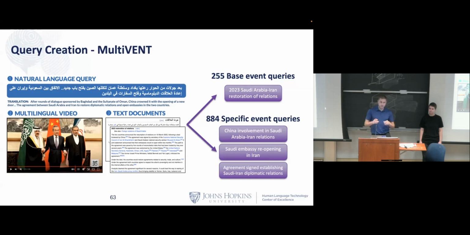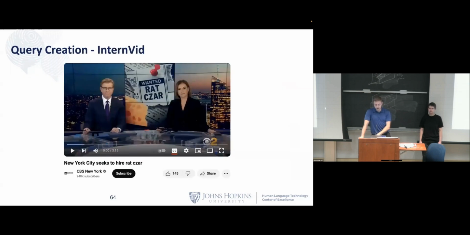So there were many different aspects that we tried to target. These were pulled from a set of annotations that we had done on the original Multivent corpus, initially for information extraction purposes, but it was also useful for query writing on targeted event queries.